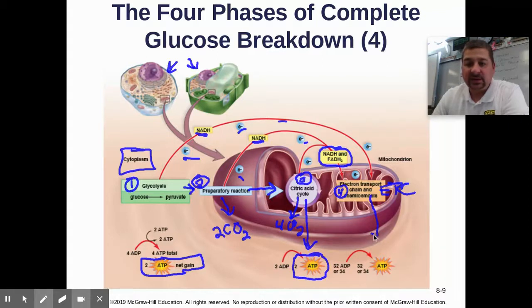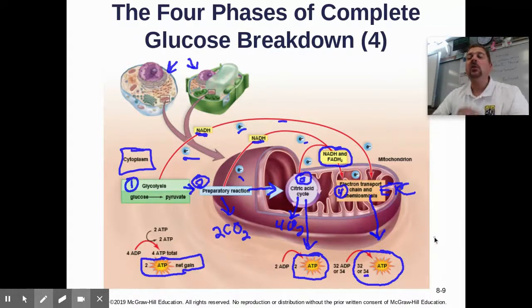And then the biggie is over here with the chemiosmotic phosphorylation. You'll make 32 or 34 ATP to give you a total of 32 plus 2 plus 2 is 36, or possibly 38 ATP, depending on the organism, and we'll talk more about that and why.